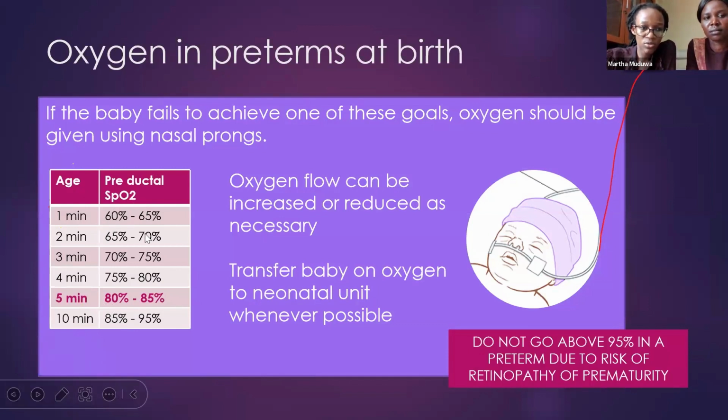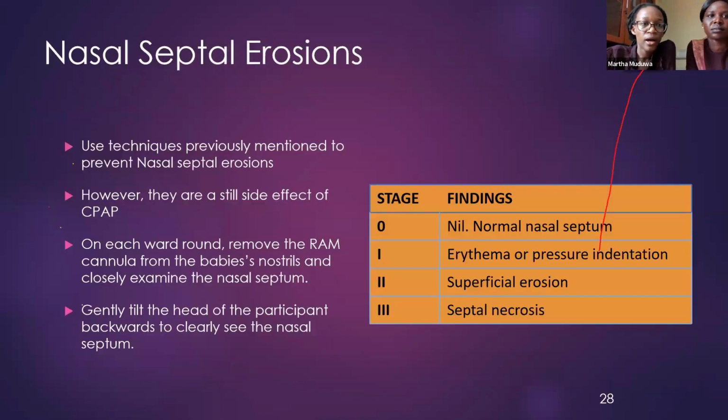So at 1 minute, that should be your target. If this is not a baby that requires oxygen, a baby below 60 would require oxygen, and at 5 minutes, it's that. So this should be a good guide. So you can add oxygen and transfer the baby on oxygen as required, depending on their saturations with continuous monitoring.